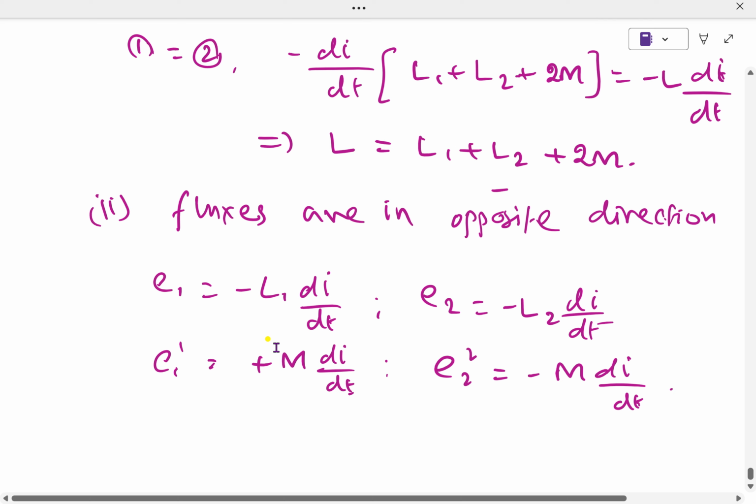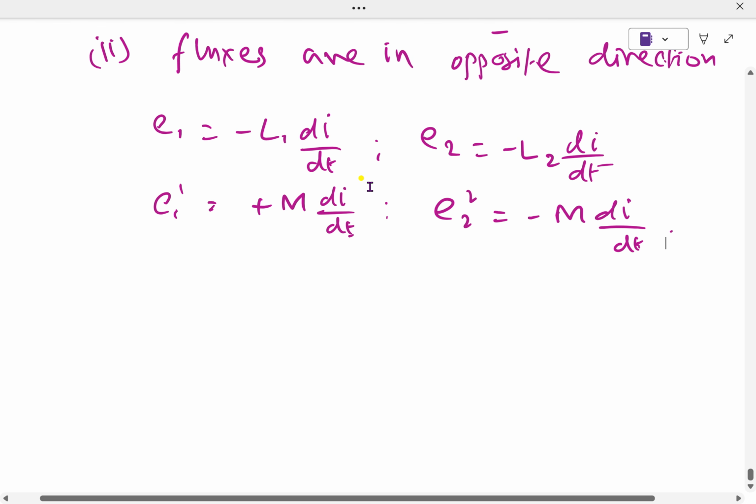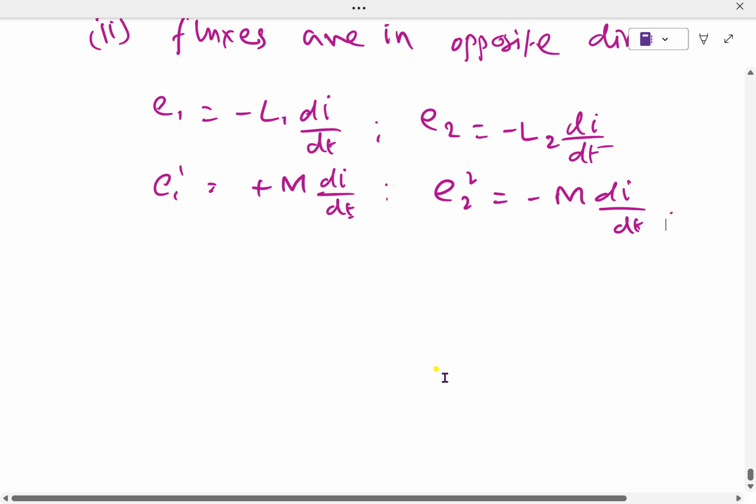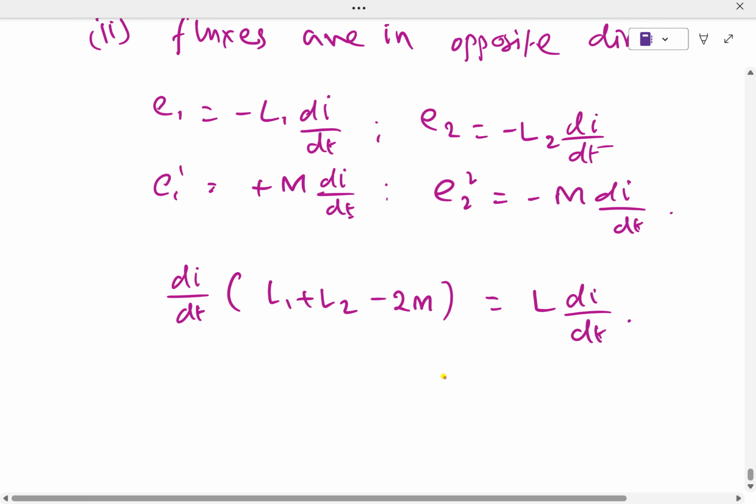Therefore, as before, we are equating the two inductances. Then we can say, for di by dt, L1 plus L2 minus 2M equals L di by dt.